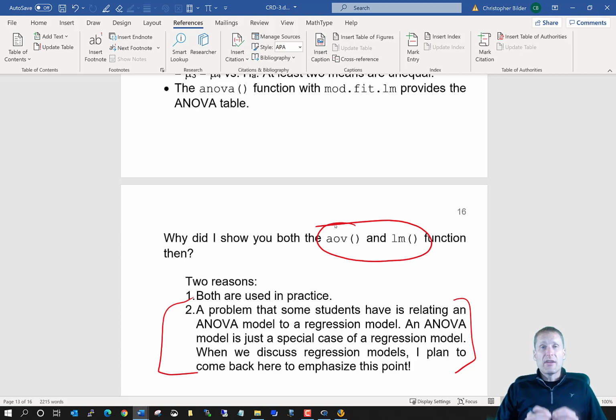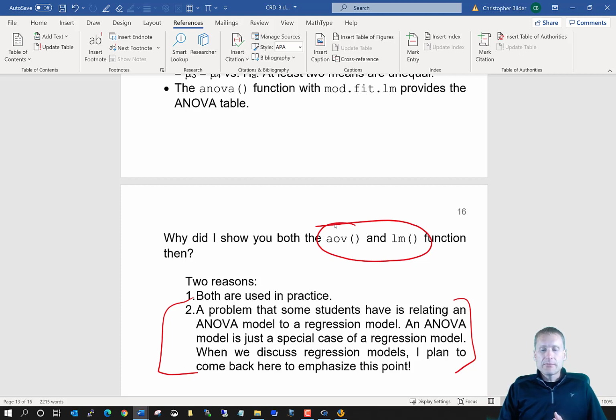I put this here now so that eventually we're going to come back to this place in the notes and see why indeed an ANOVA model is a special case of a regression model. Students often have difficulty understanding that concept, but it's an important thing to do, that all this essentially is being encompassed in one overall grand way of doing modeling.